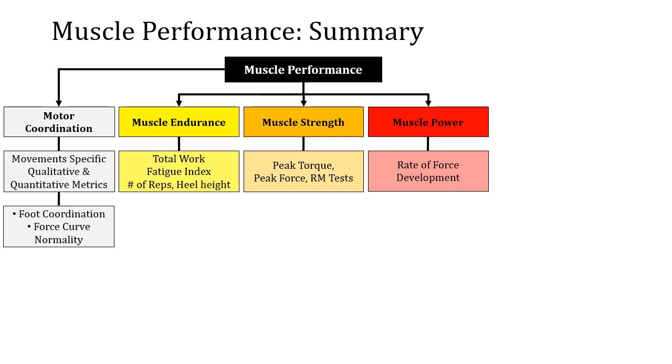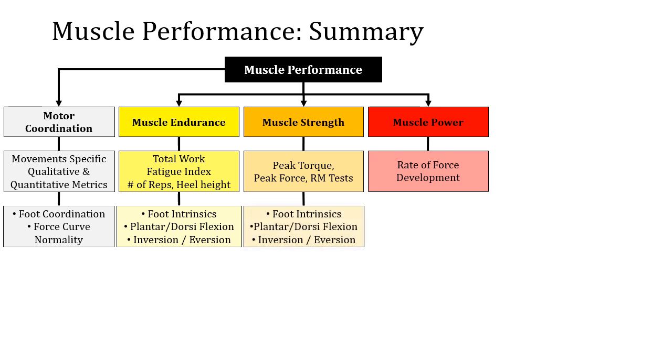So for your motor coordination, we spoke about the foot coordination and the modified spring ankle assessment. If you have access to an isokinetic machine, you're going to be looking for your normal force curves over the arc of motion. For your muscle endurance, we spoke about both the foot and the ankle. For your muscle strength, we spoke about, again, foot and ankle.